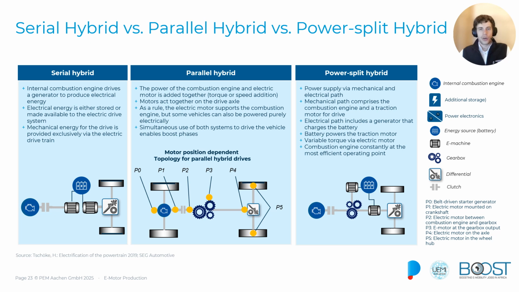that is what we saw on the slide before, the internal combustion engine generates electricity, and only the electric motor drives the wheels. In a parallel hybrid application, both the internal combustion engine and the electric motor can be used to drive the wheels directly.